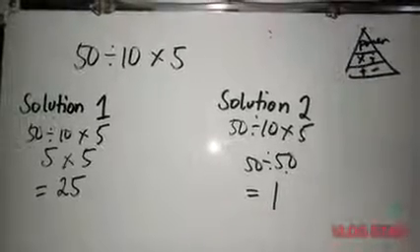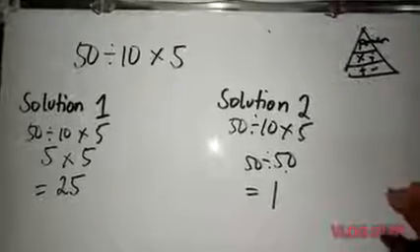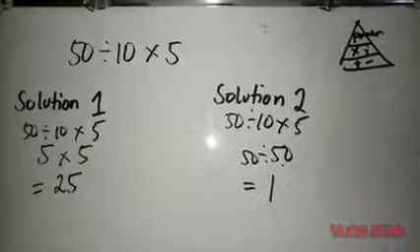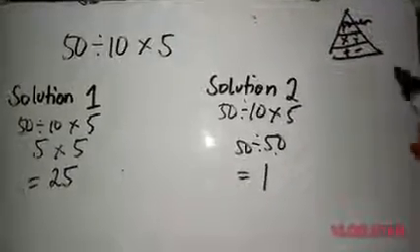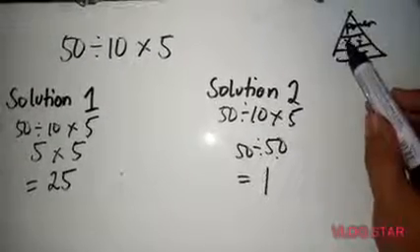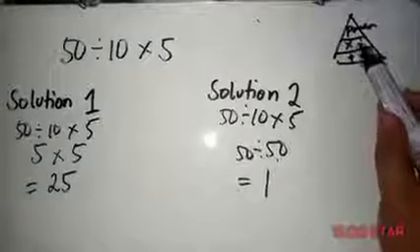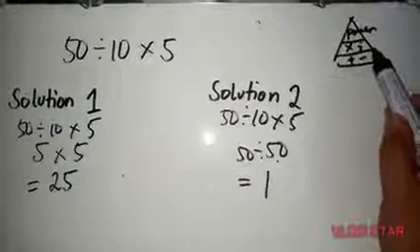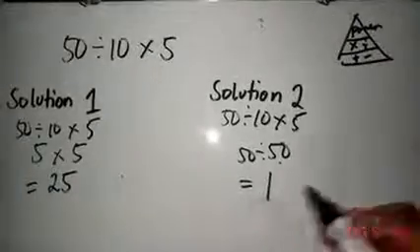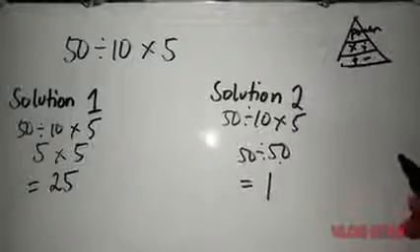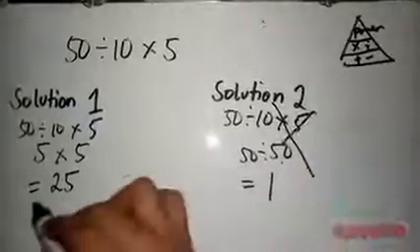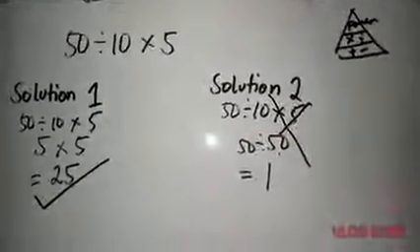If multiplication comes first before division, then multiply first. Solve it from left to right. You can see here in our triangle that they lie on the same level. So the first operation from left to right will be followed. So this solution is wrong and this one is the correct answer.